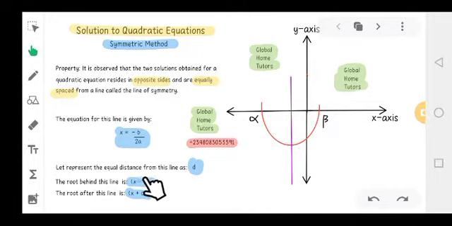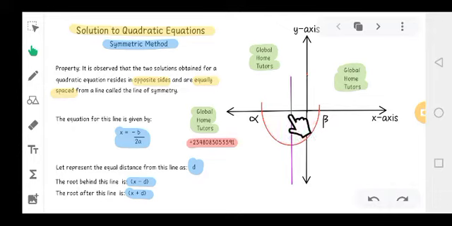So what does it mean? It means that if I make the gap here to be d, then if I step backward by d, that is x minus d. If I step from the line of symmetry forward, that is the positive side, that is x plus d.